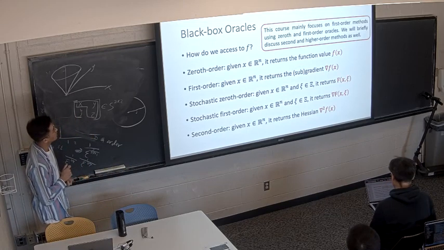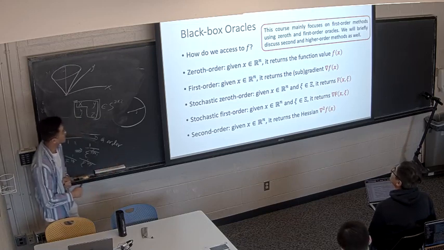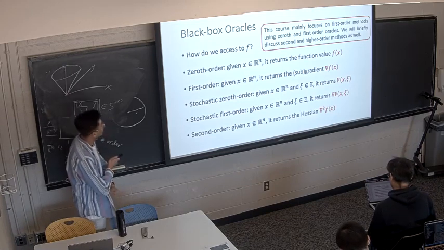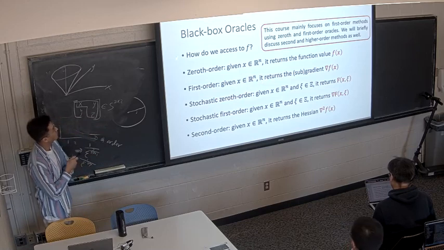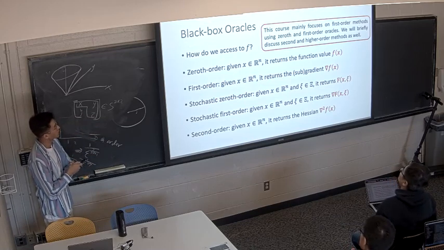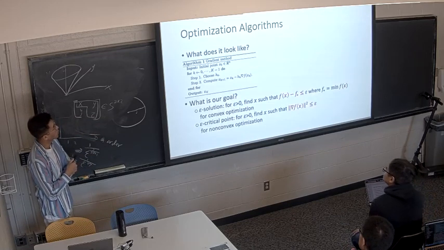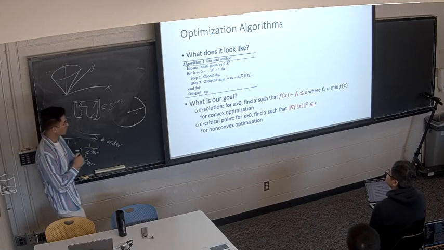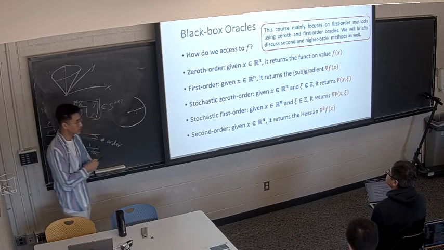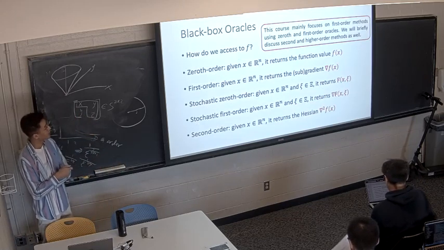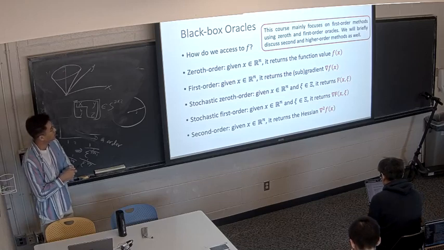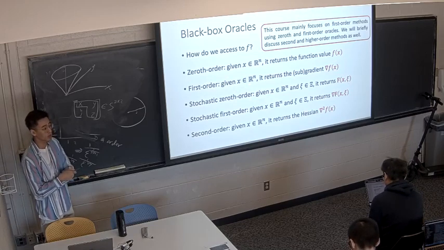So this is the claim I just want to make. With all these oracles, we have a black box model. And the way we quantify the efficiency of a certain algorithm is by counting how many first order oracles I have called, how many zero order oracles I have called.